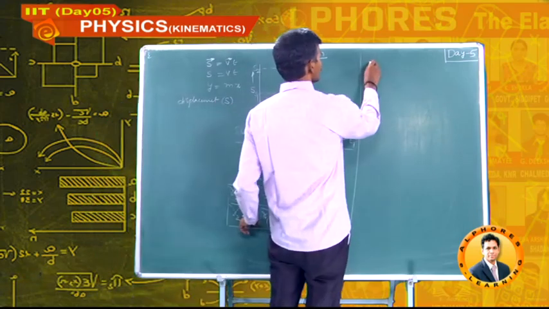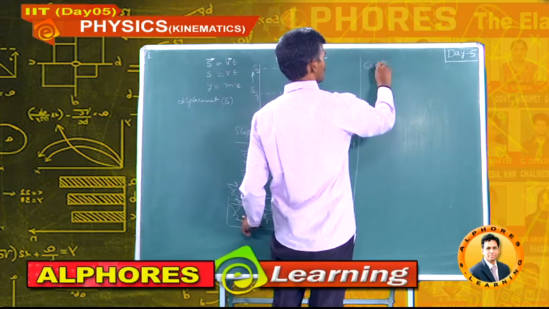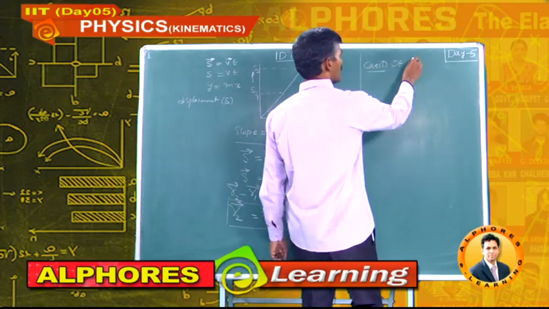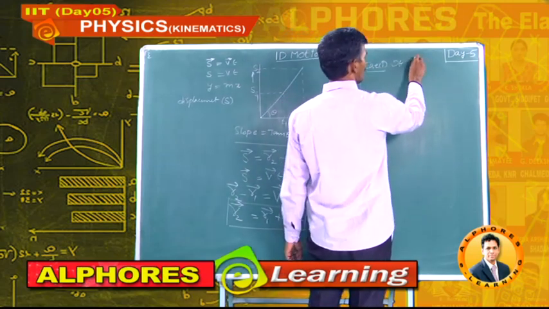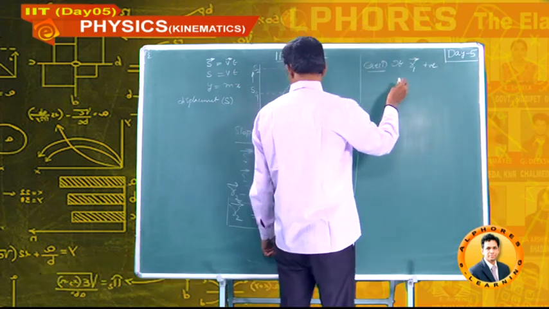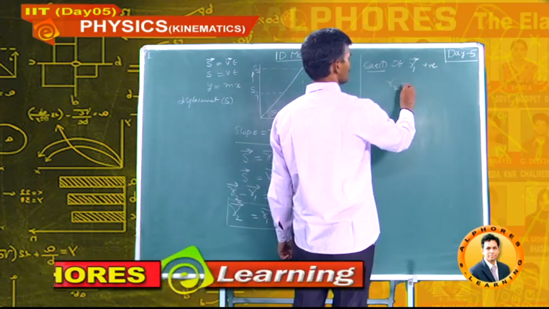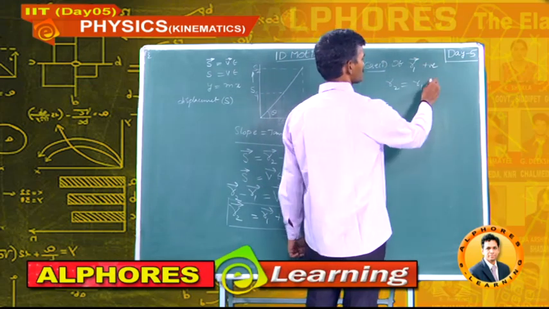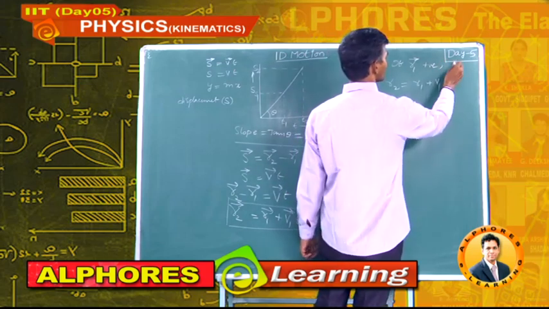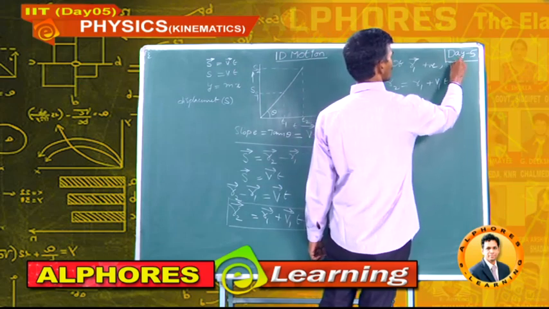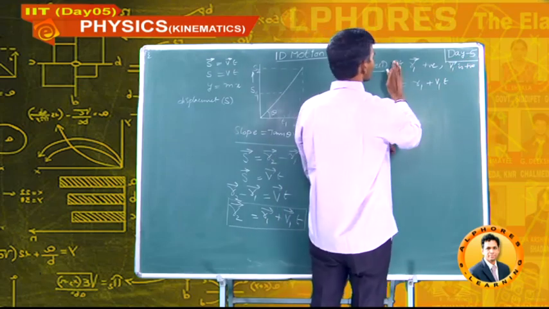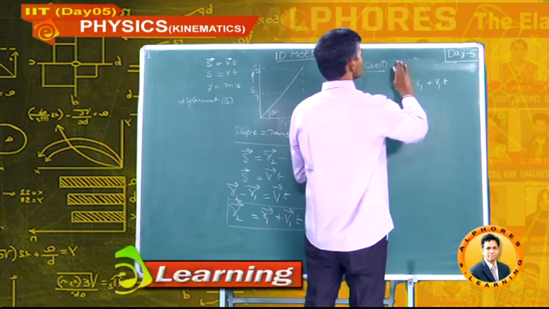So, I am considering some case 1. If R1 bar is positive, then our position vector R2 can be written as R1 plus V1 into T. Here one more consideration is V1 bar is also positive, or you can say both are in the same direction.